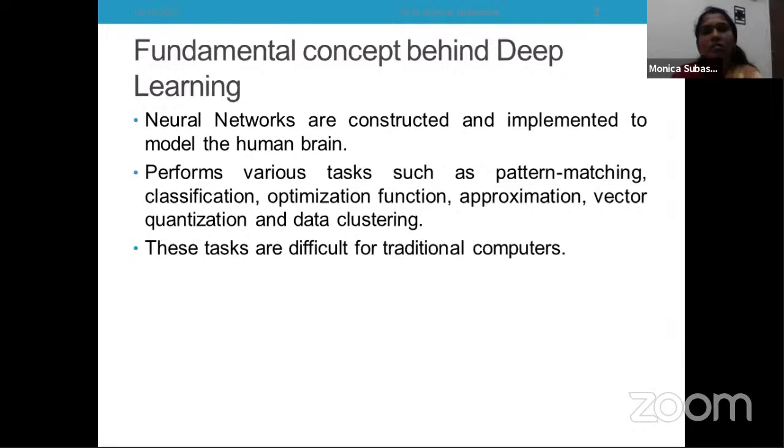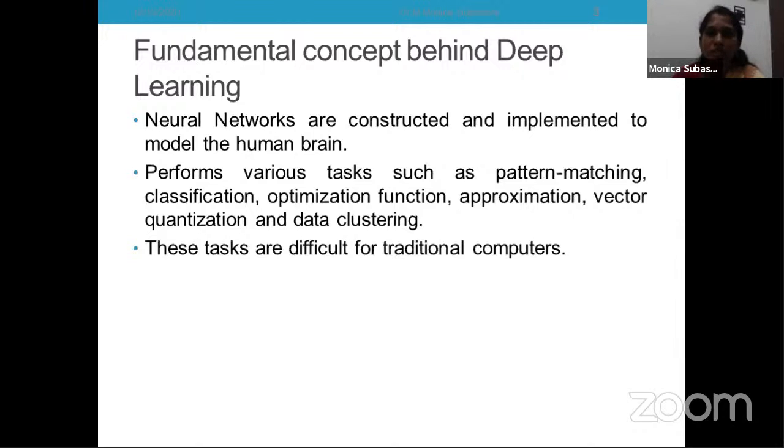And what are the basic tasks that are going to be performed with machine learning and deep learning? It's going to be pattern matching, classification, optimization, function approximation, data clustering. So coming to the core topic, medical imaging. Mostly we are going to work with classification techniques, and we do have predefined algorithms for classification problems.